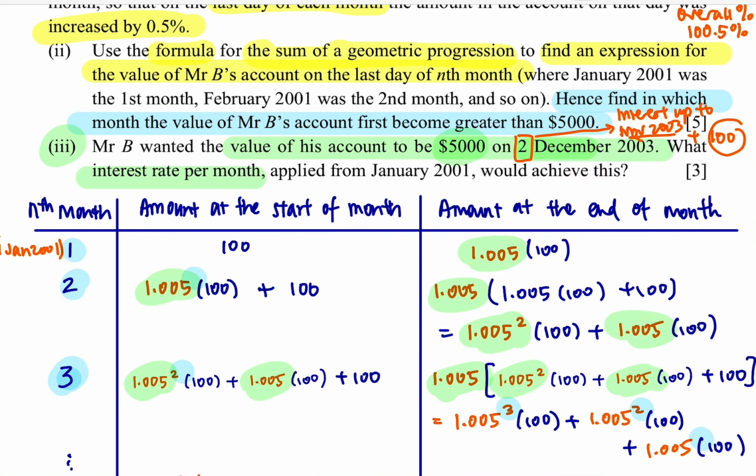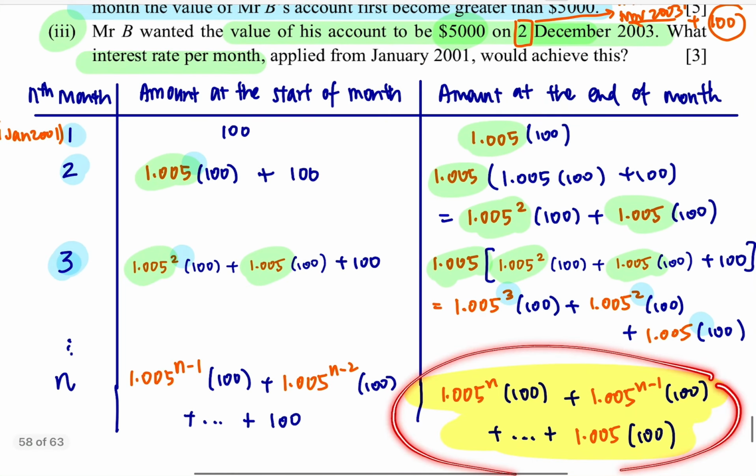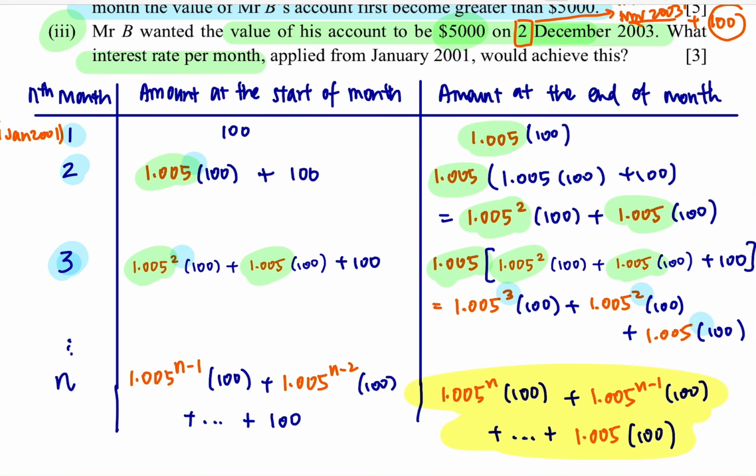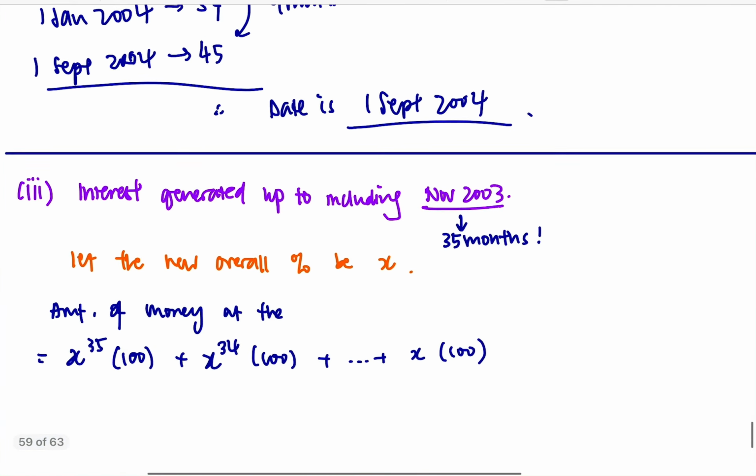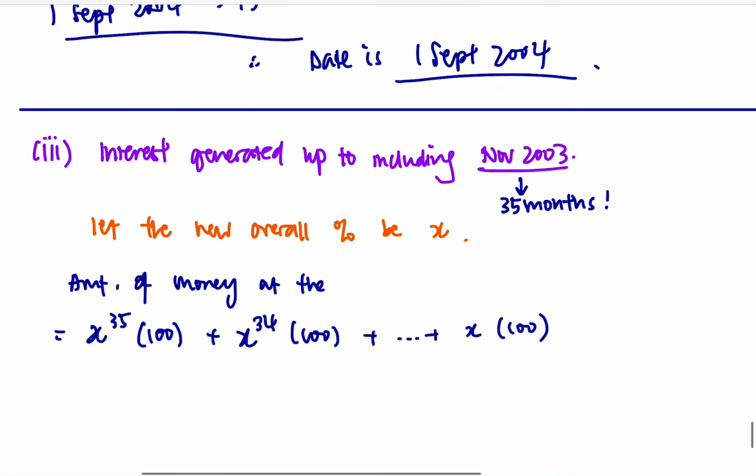So up to November 2003, it should just be 35 months, because December 2003 will be 36 months. So on that note, I'm going to use this table, amount at the end, where n equals 35, and then I'm going to plus $100 because that's what happened on the 1st December.